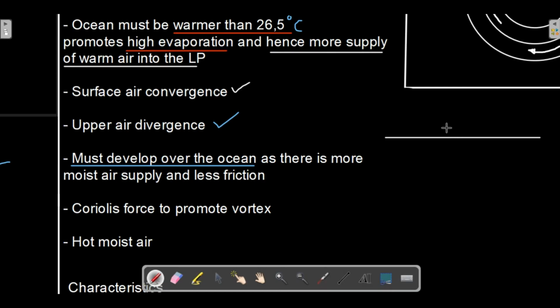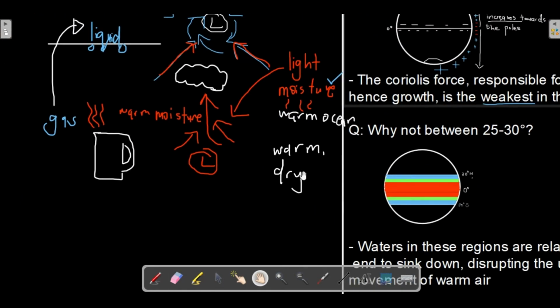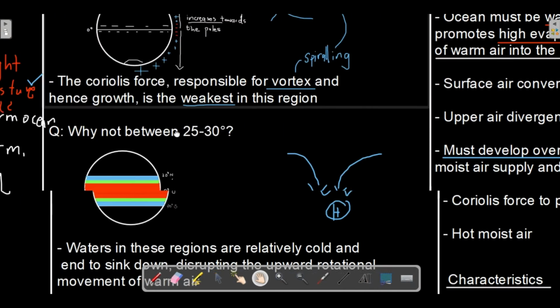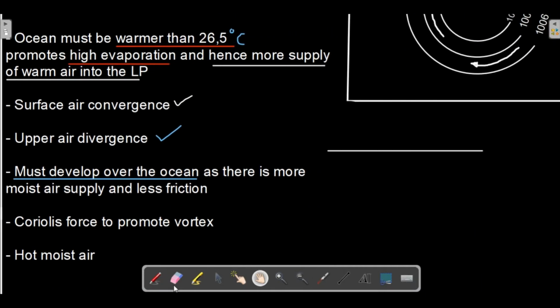Land is very dry. Okay, you have soil. Soil is dry, does not have a lot of water content, and hence, remember, it said that the tropical cyclone needs a constant supply of moist air, and that moist air you will only find in the ocean because the land is dry. You cannot have a constant supply of warm air.